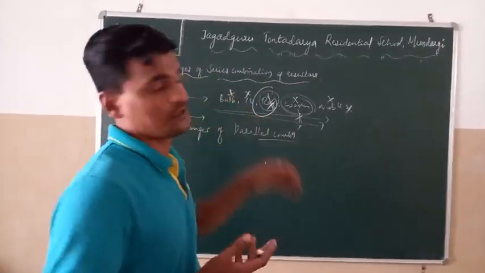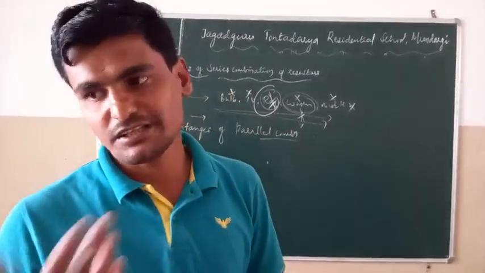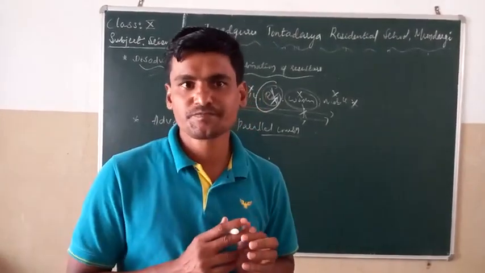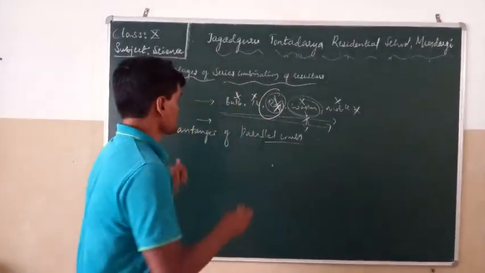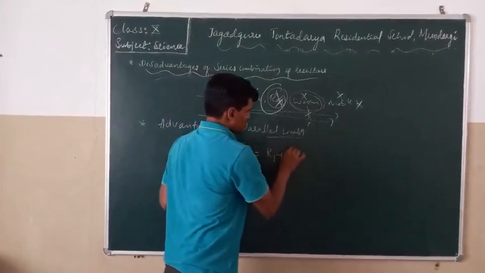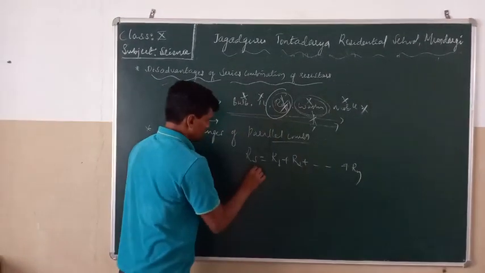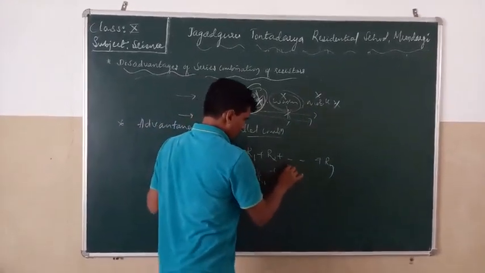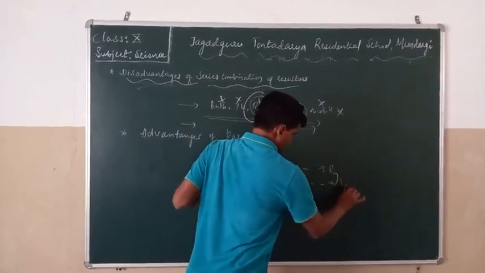Normally a 2 marks question asks you to write the advantages and disadvantages of either parallel or series combinations. As we already studied, the effective resistance in series is Rs equals R1 plus R2 and so on up to Rn. For parallel, 1 by Rp equals 1 by R1 plus 1 by R2 and so on up to 1 by Rn.